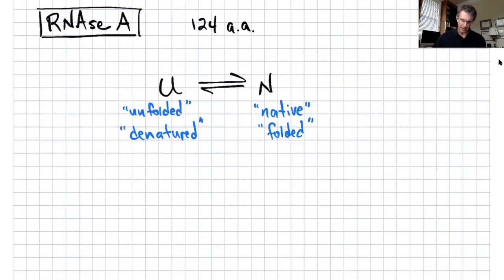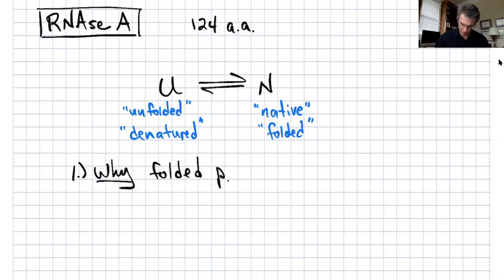Okay, so here are some questions. Assuming that's our configuration, the first question that falls out of this that we want to understand is why. Why is it that these folded protein structures are stable?